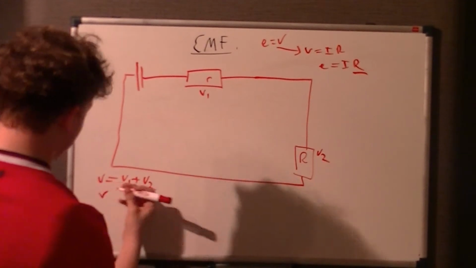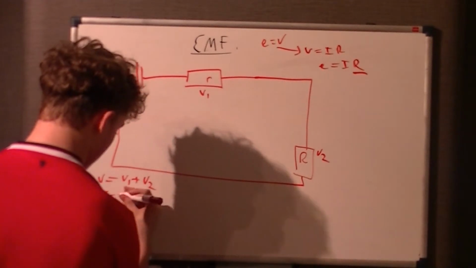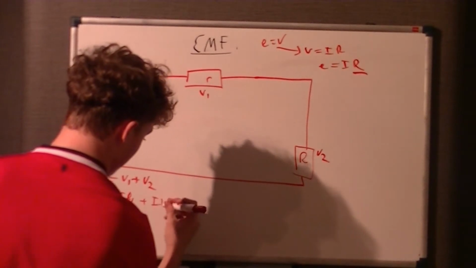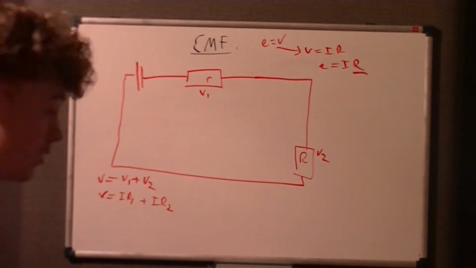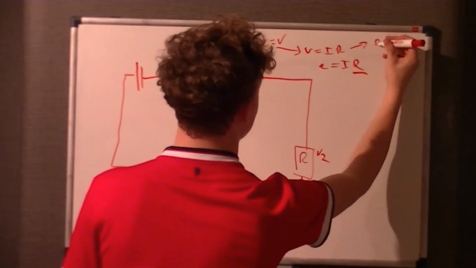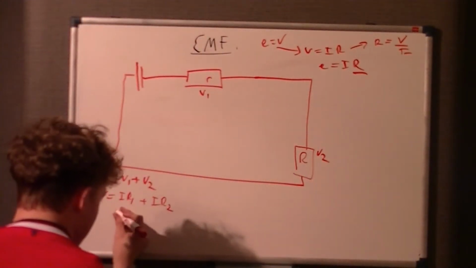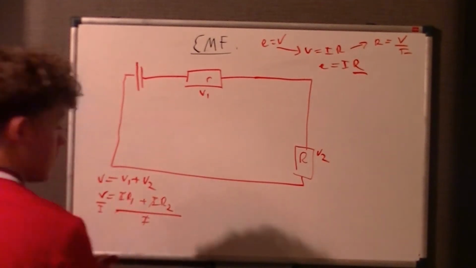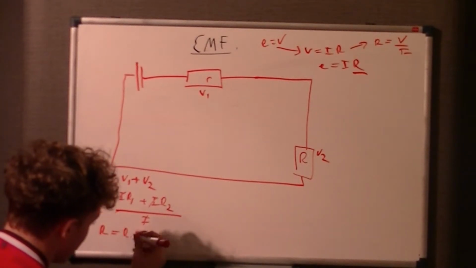As the current doesn't change in one series circuit, unlike in parallel, V is equal to IR1 for resistor 1 plus IR2 for resistor 2, which is that one. Now, if we want to find the resistance, we can change this into R equals V over I. If we do V over I, we just cancel out the two I's on top, and that means R is equal to R1 plus R2.